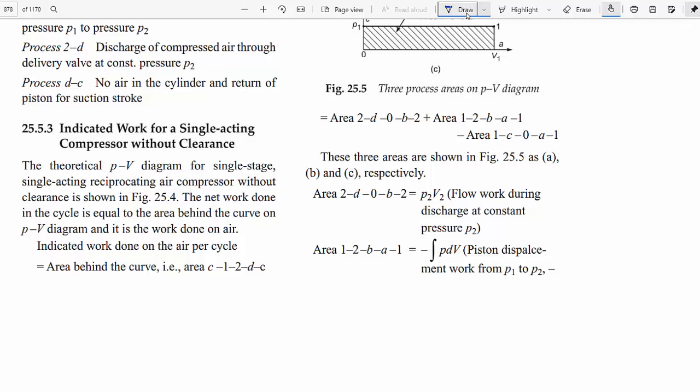Okay, then that area behind the curve. Here also they are matching the concepts with the previous old concepts. Then the area under the PV diagram or behind the curve is called work input, the indicator work input.